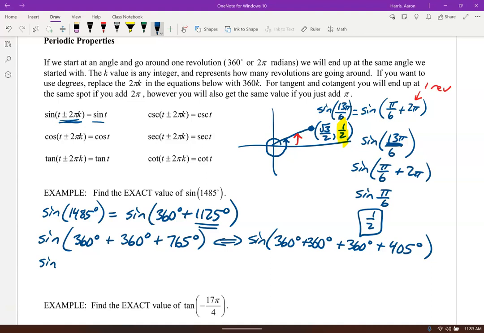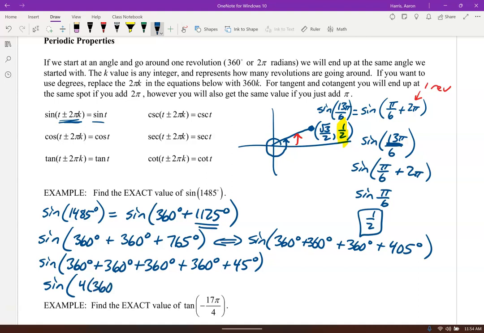So once, twice, 3 times, and a 4th time with a leftover of 45 degrees. In other words, 4 times around and 45 degrees left over. 4 times around is 1440 degrees, right?